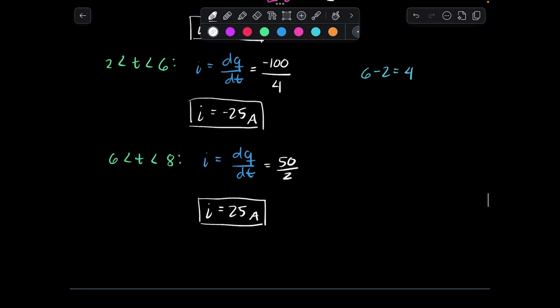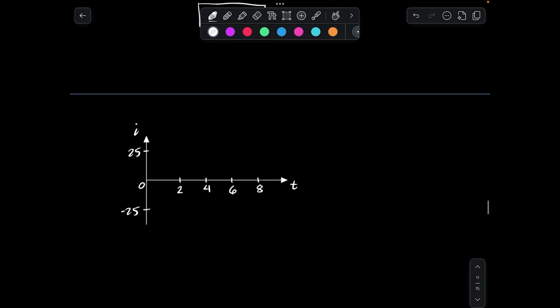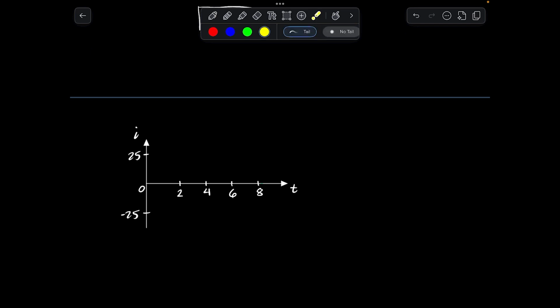Okay? And so now we can draw the graph for the current. So between 0 and 2 seconds, we have current at 25 amps. And between 2 and 6 seconds, we have current at -25.